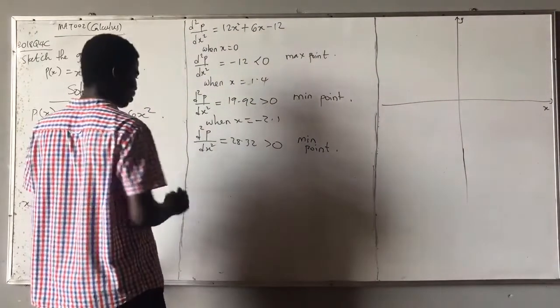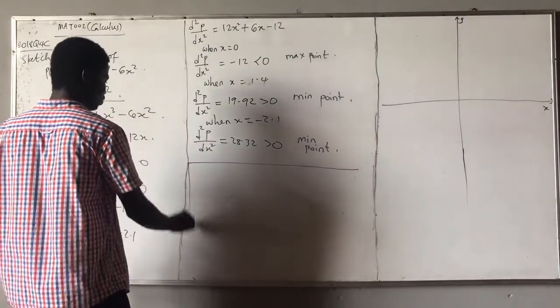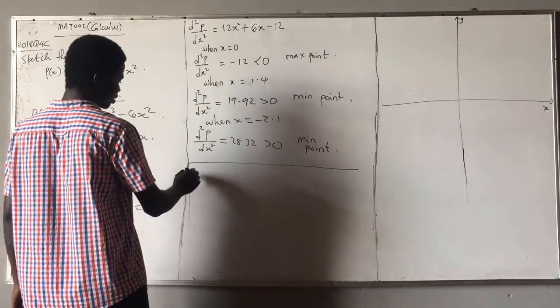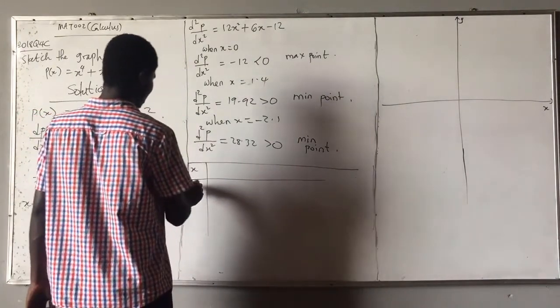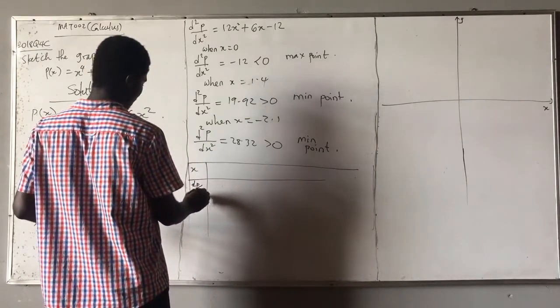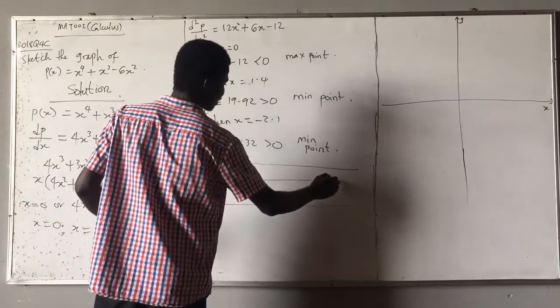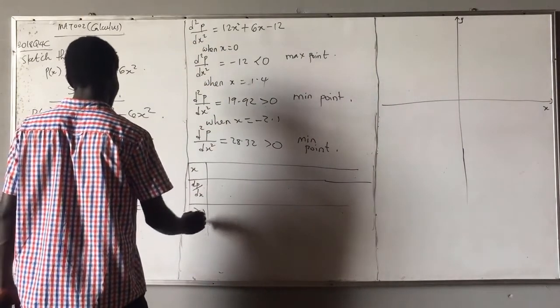Look at what I'm going to do: I'm going to draw a table. You need to see what I'm doing here. For x, I have P'(x), right? I want to draw the graph of P, then P(x) itself.